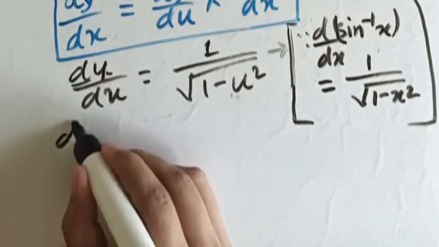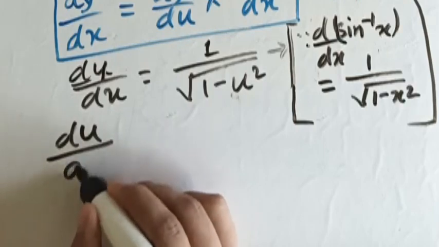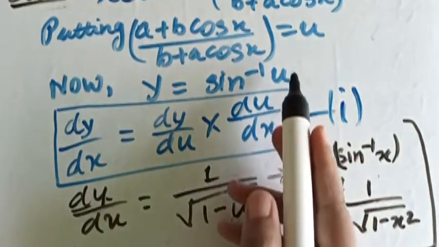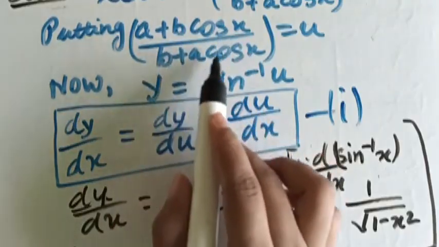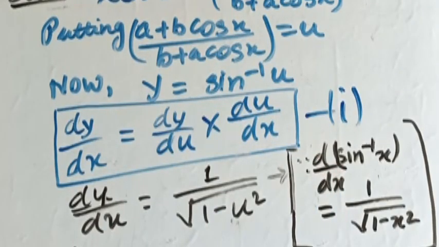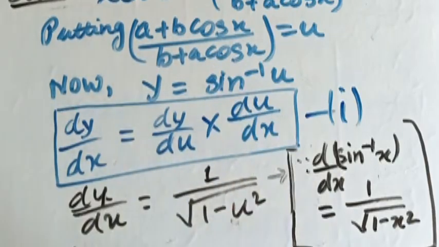So now you have to find differentiation of u with respect to x, right? Here u is given, so it has to be differentiated with respect to x. Differentiation of first function, second function as it is.